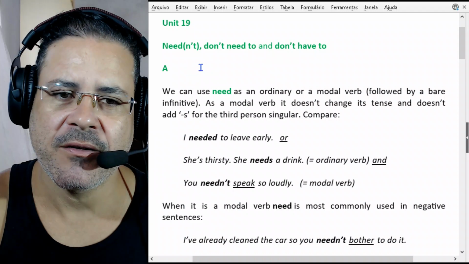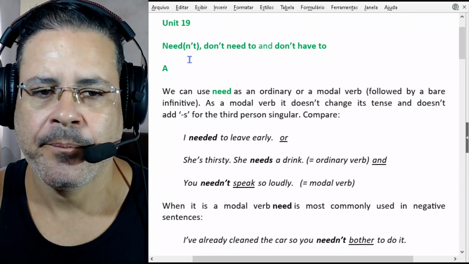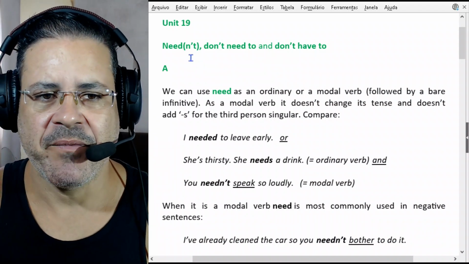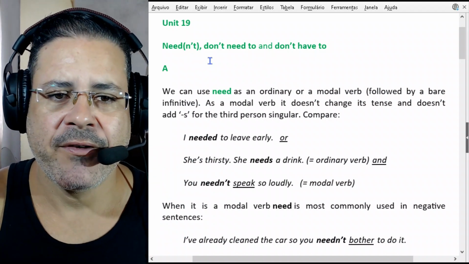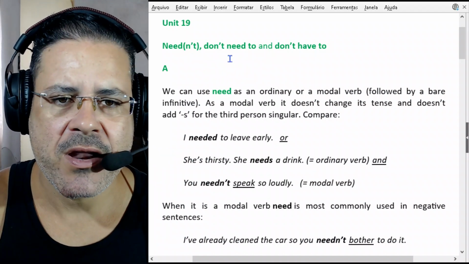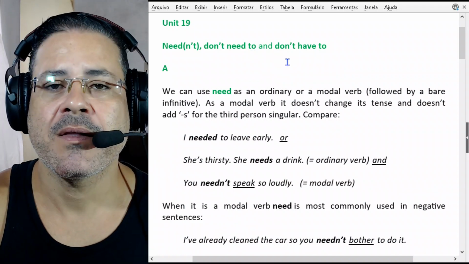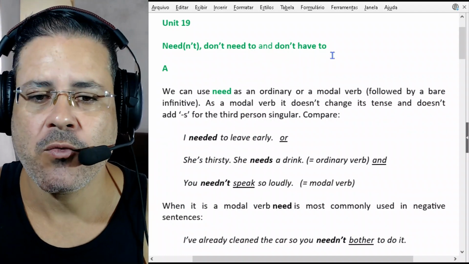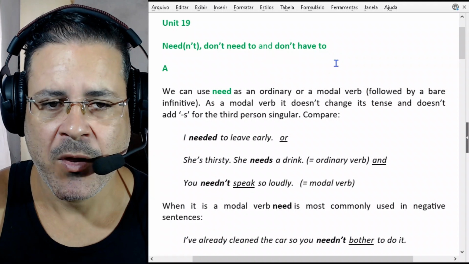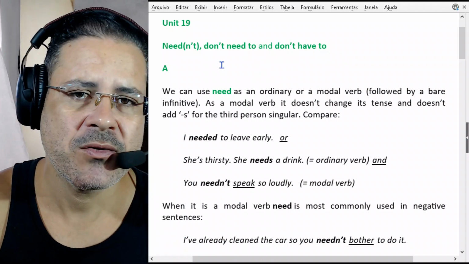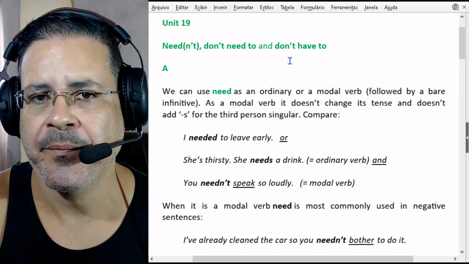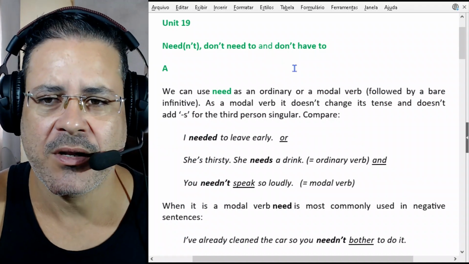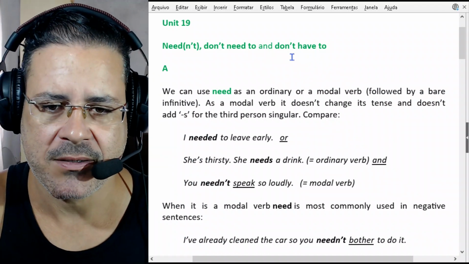So observe that particular observation, needn't, in its negative form. Then we have don't need to, and don't have to. Okay, so what are the differences? When to use needn't, when to use don't need to, and when to use don't have to. That's exactly what we're going to be talking about in that lesson.